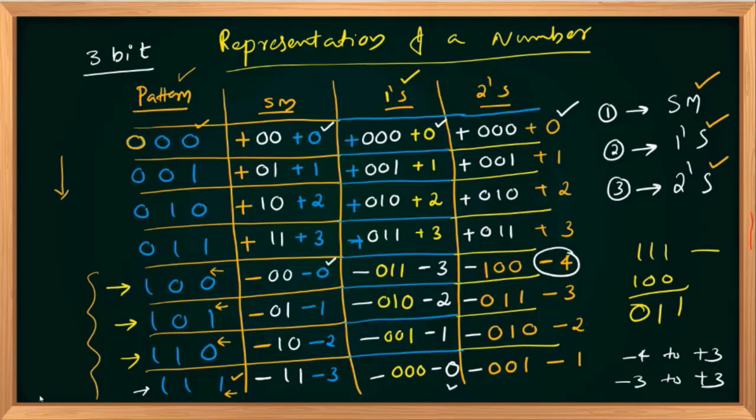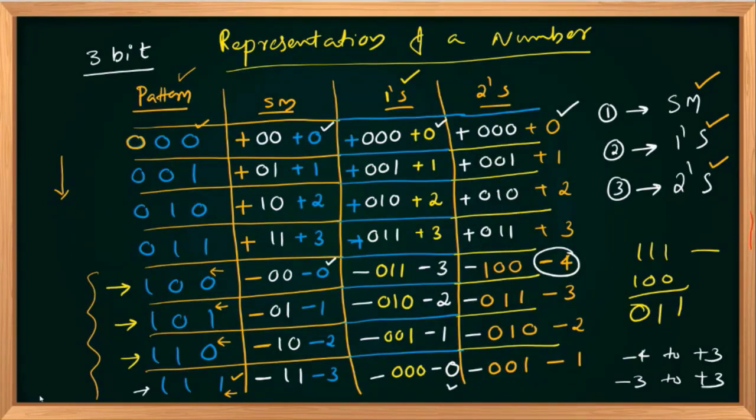Whereas in one's complement representation, if the given pattern's MSB is 0, that implies the number is positive, and the entire pattern will decide its magnitude. If the MSB of the given pattern is 1, the number is negative. Then before evaluating its magnitude, we should take the one's complement of the entire digits.